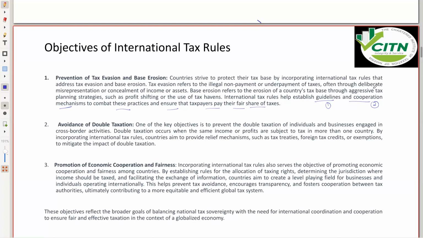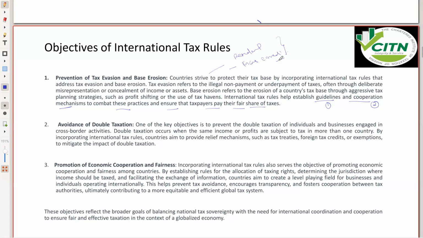And that information helps them to establish certain guidelines that would ensure they're able to get taxpayers to pay the right amount of tax to them, and there is a fair distribution of tax between the various jurisdictions, both where the taxpayer is resident, as well as where the income is earned.